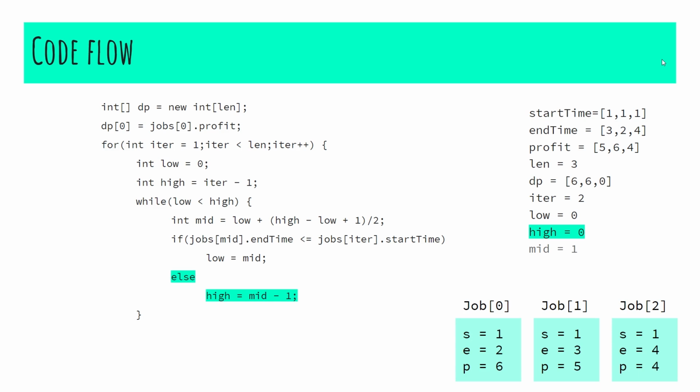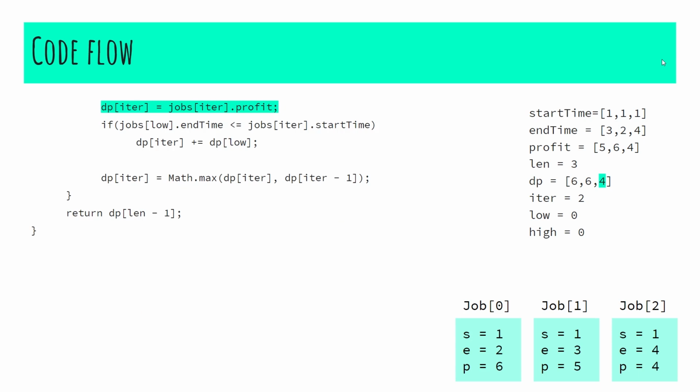Since my mid value is 1, 1 minus 1 is 0. So I'll store the value 0 in my high variable. Now when I try to iterate again, you can see 0 less than 0 will be my condition. Therefore, this will be false and we'll break out of this loop.